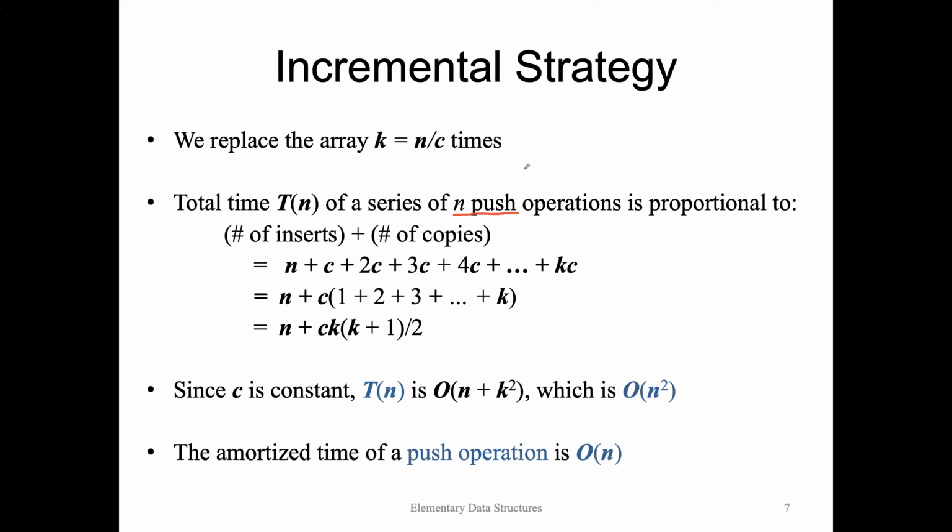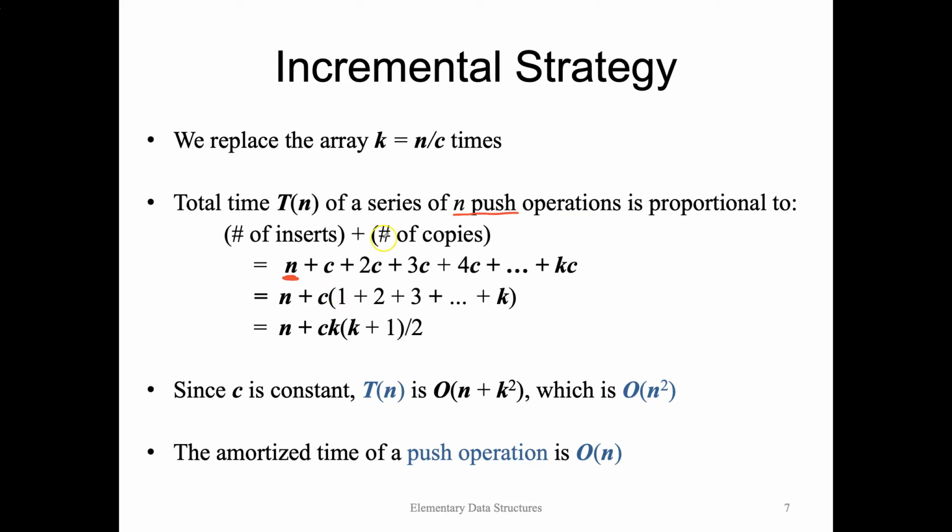So we already know which operations are going to result in higher order terms: those operations which occur the most frequently, when we insert an item and when we have to copy an item over to our new array. So our total running time is proportional to however many times we insert, which if we're calling push n times, then the total number of times that we insert an item is n. And then we just have to figure out how many times we copy an item.